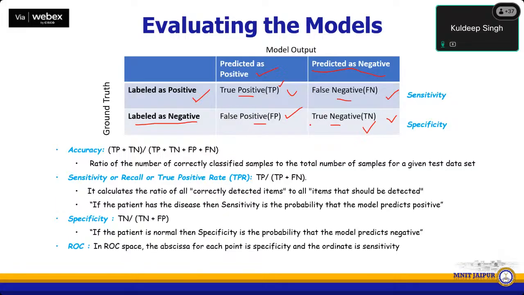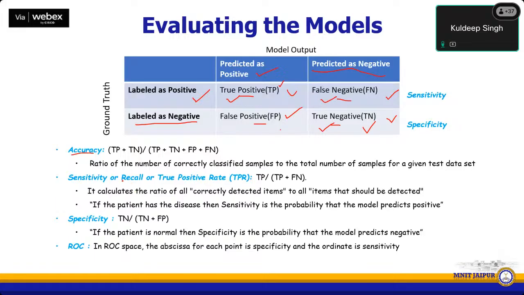Now, with the help of these four parameters, we can calculate accuracy. Since these two are the correct cases and these two are the incorrect cases, we can have the ratio of true positive plus true negative divided by all the cases. And then we do have other parameters like sensitivity and specificity.